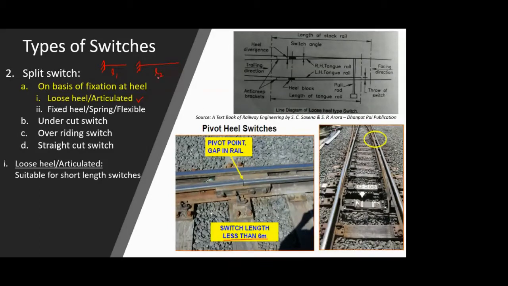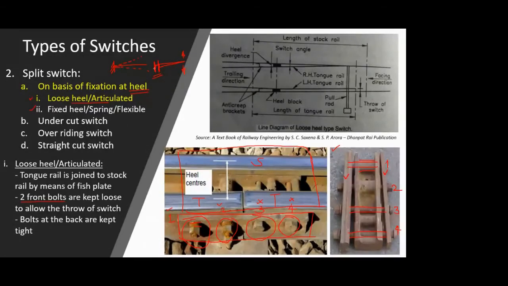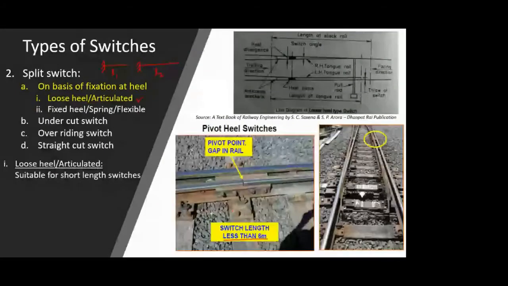If the moment is more at the pivot point we have at the heel section, your bolts may fail and the assembly may break altogether. That's why we prefer it only for the lesser length of switch.